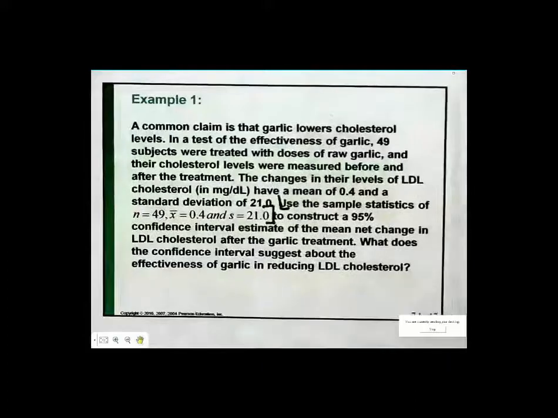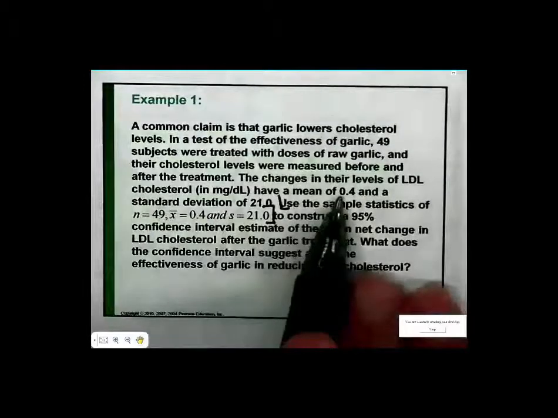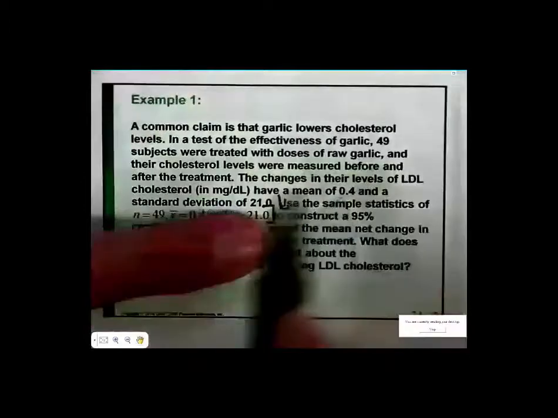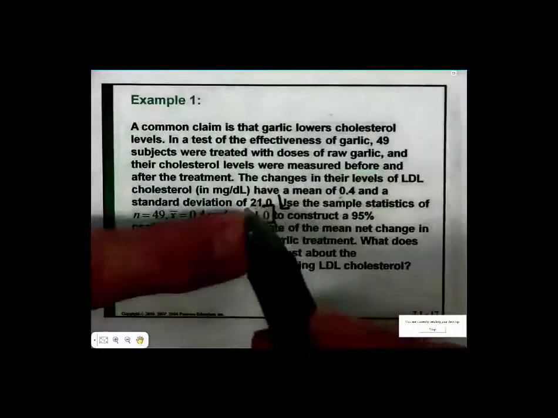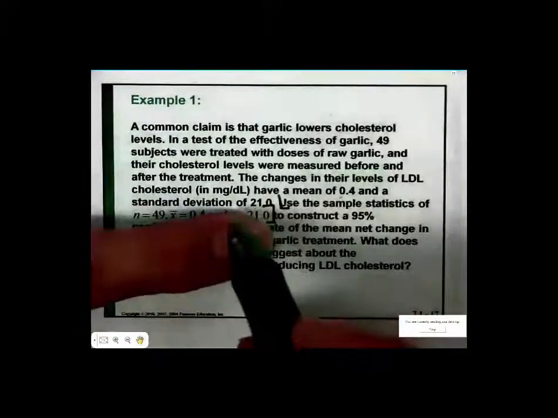The hard part: it was easy to determine n was 49 and x bar was 0.4. But how do I know that 21 is the sample standard deviation rather than the population standard deviation? If they didn't tell you that was s, how would you know if that was s or sigma?